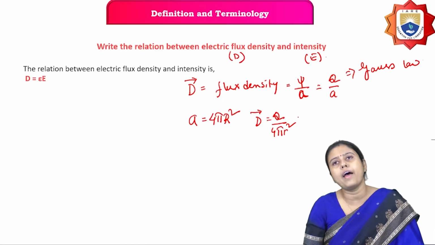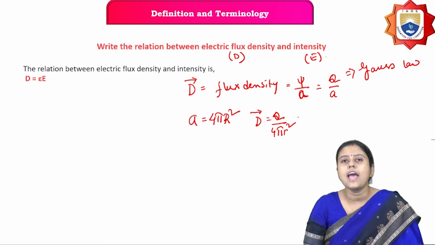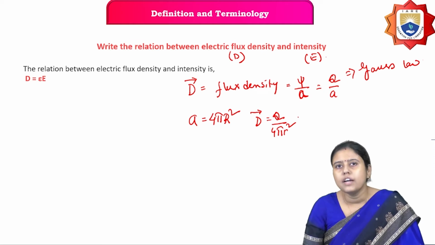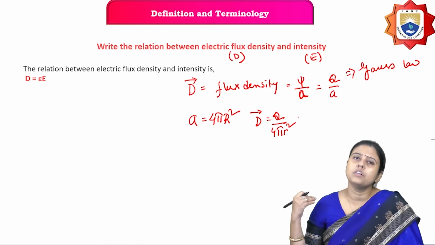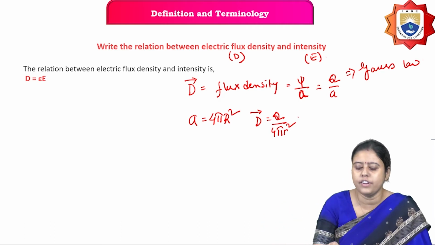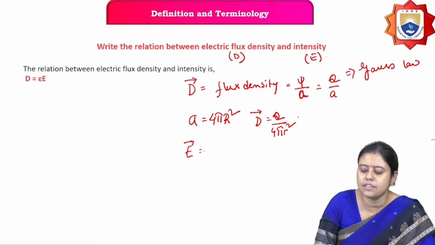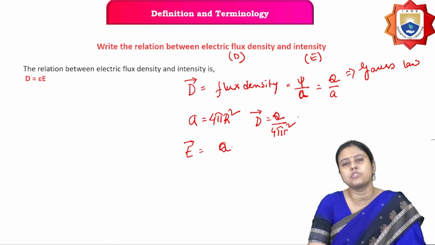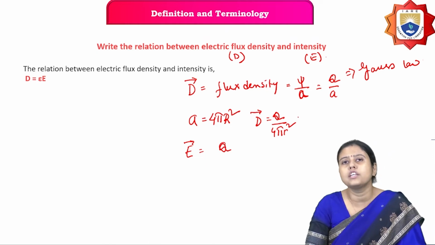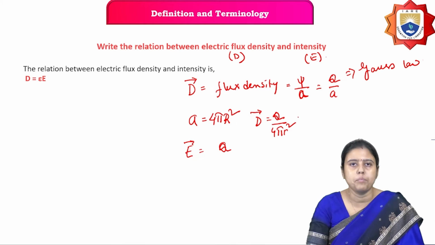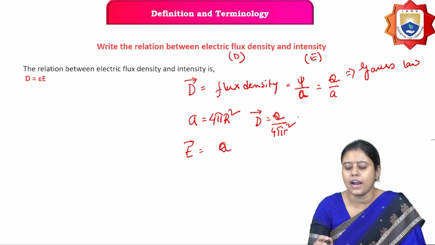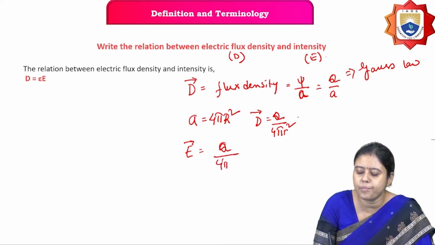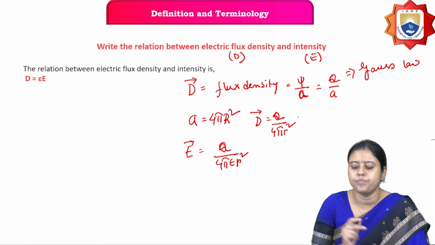Now what is the meaning of intensity? According to Coulomb's law, it is the force required to bring one unit charge from one point in the electric field. Coulomb's law is Q1 Q2 by 4 pi epsilon r square. But as one charge is a unit charge, E is equal to Q by 4 pi epsilon r square.